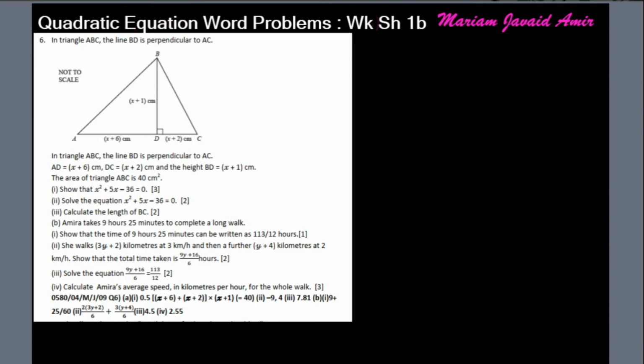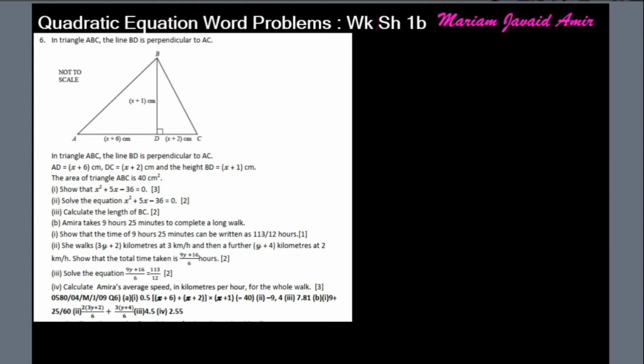Question number 6. The area of this triangle is 40 centimeters square. We're given certain expressions for AD, DC, BD, and we're given that the area of the triangle is 40 centimeters square.